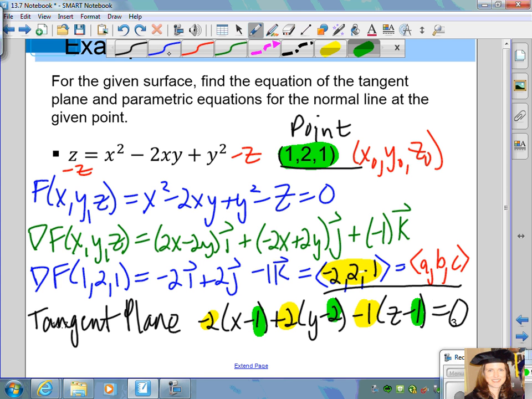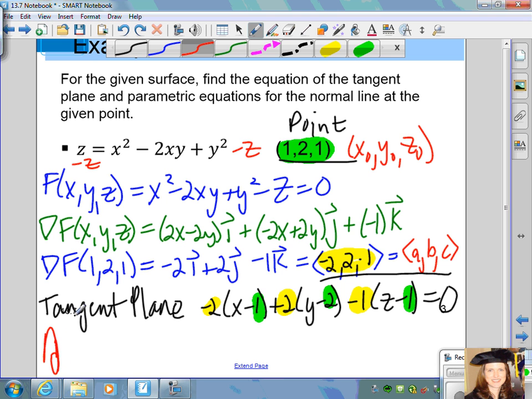Now we're going to go ahead and find the equation for the normal line. So for the normal line, these are parametric equations, so it's pairs of equations.